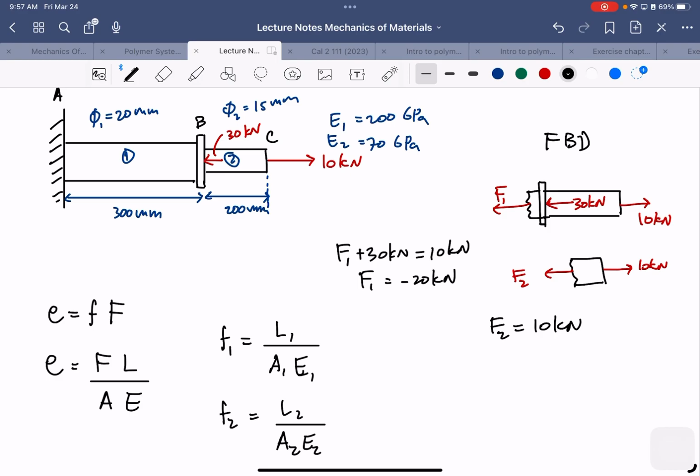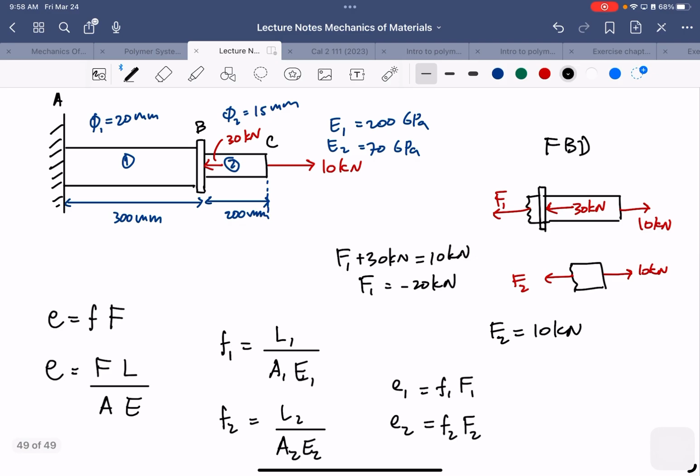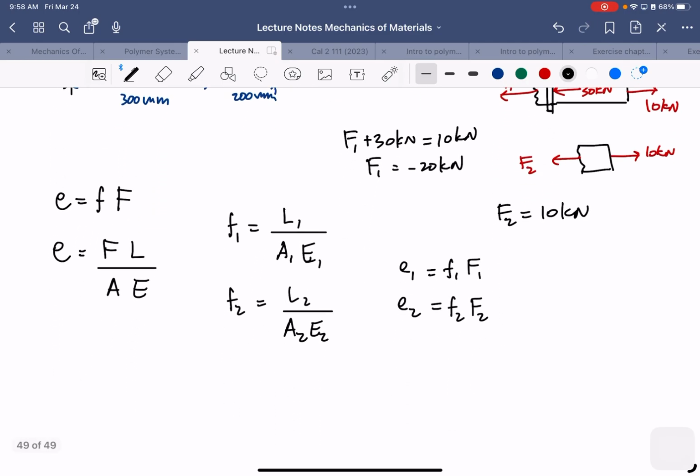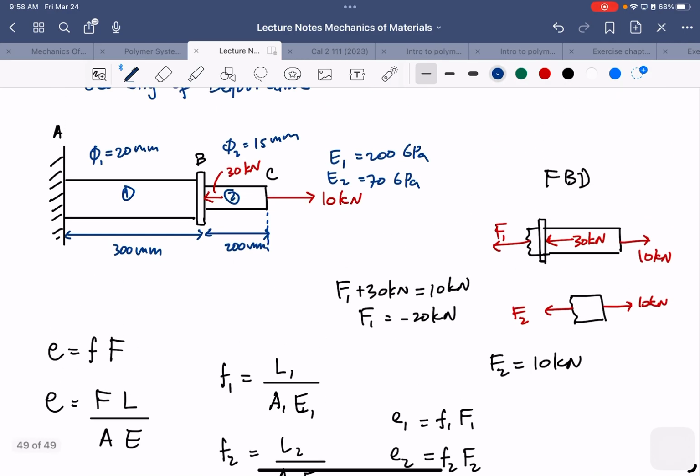You can write the calculation if you want. And we can get the elongations delta 1 and delta 2 from this point of view, which means the first will be negative, right? It will be negative. It means that it is not tensile, it's compressive. So the length change will be minus. And this is what we call the equilibrium part.